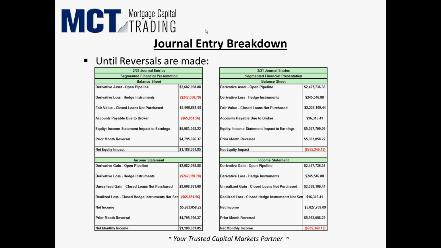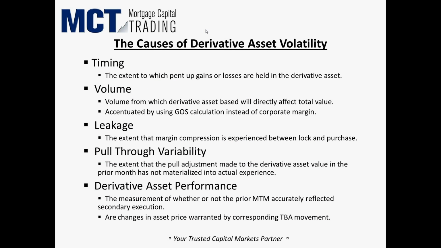Then of course when we reverse out the prior month, we're going to have this huge loss. That's actually not what happened in this case. We'll show these exact numbers in the new report to analyze what actually happened. But as far as timing, the timing effect is really the extent to which gains or losses are pent up in these figures, and how much cash has cycled through or needs to cycle through.